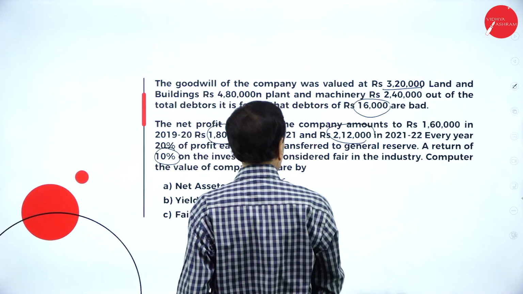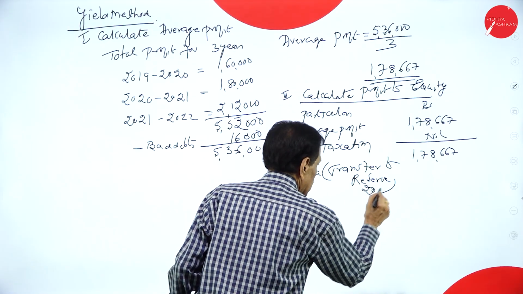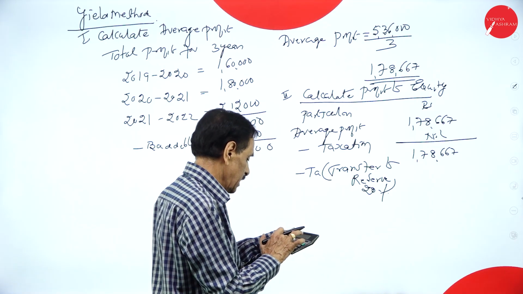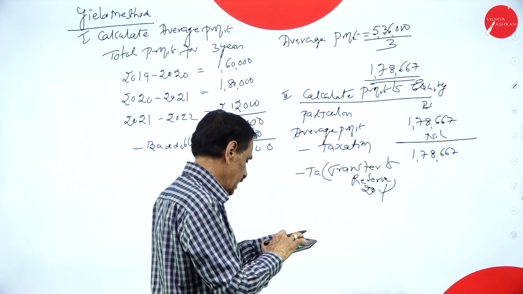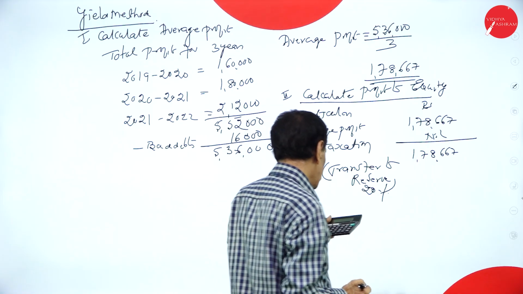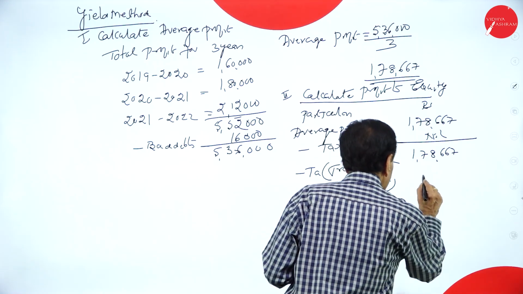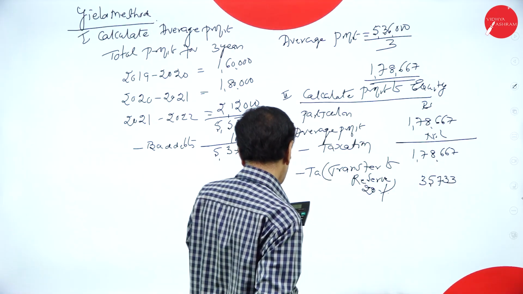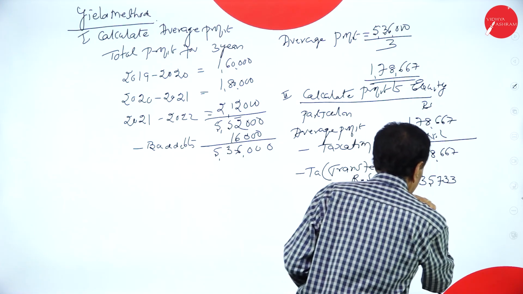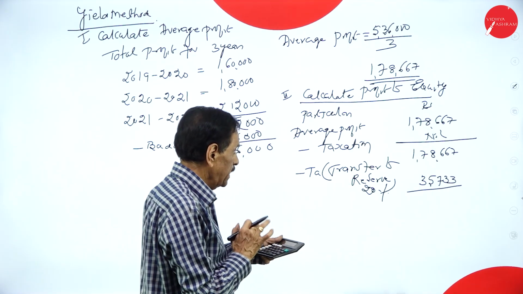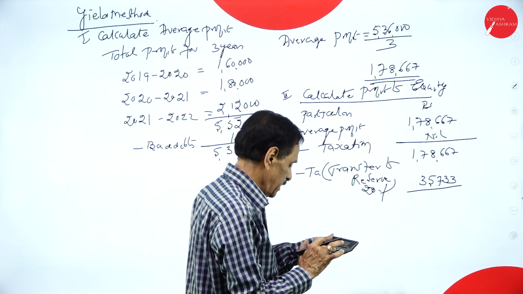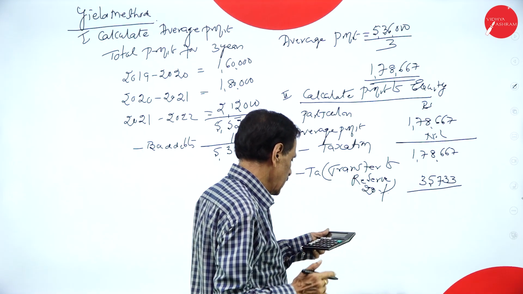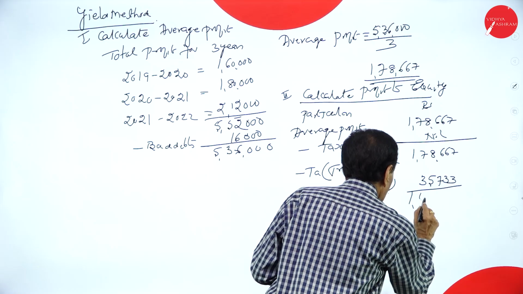Transfer to general reserve 20%. 1,78,667 into 20 divided by 100, 35,733. Deduct 35,733. 1,78,667 minus 35,733, 1,42,934.